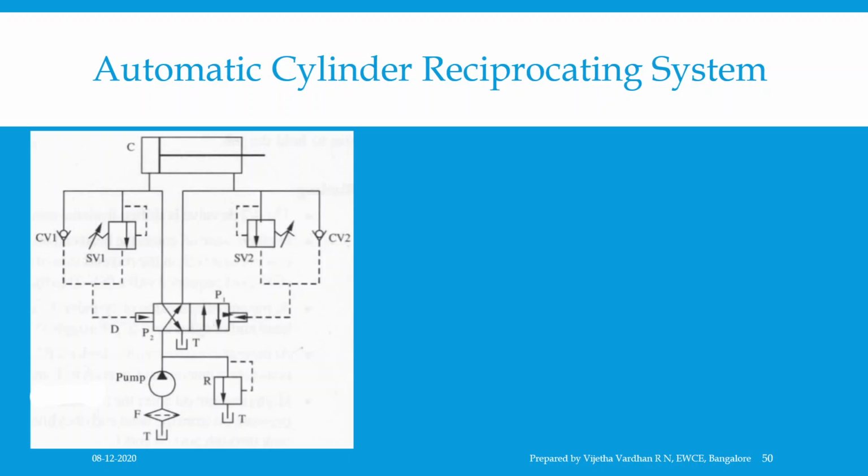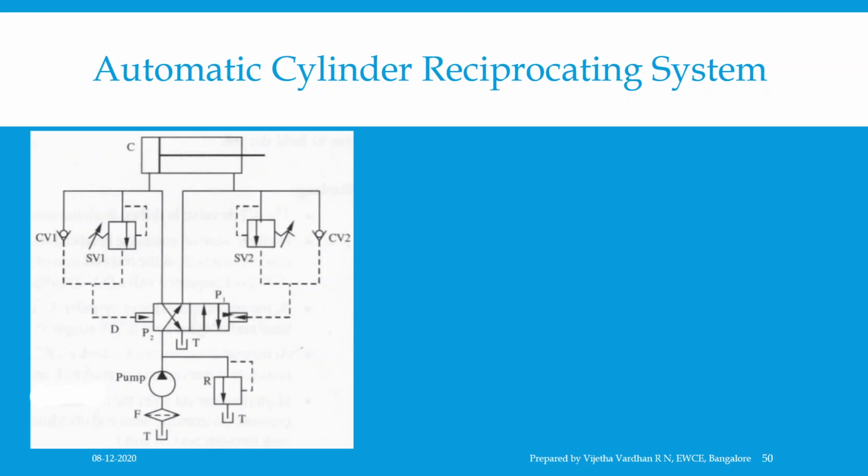In the circuit diagram, C refers to the double acting cylinder, SV refers to the sequence valve, CV refers to the check valve, R refers to the relief valve, T refers to the tank, F refers to the filter, D refers to the two position 4-way pilot operated DC valve, P2 is the second position of the valve and P1 is the first position of the valve.